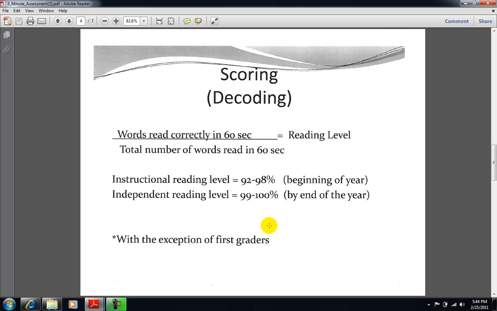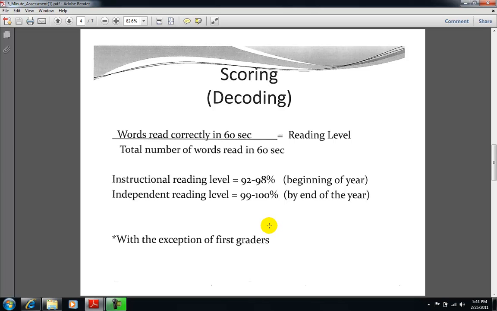And that percentage is going to let us know whether or not that grade level passage is on their independent, instructional, or frustrational reading level. So instructional is anything that's 92 to 98%. And the text says that's typically at the beginning of the year. At the middle of the year, depending upon the other factors, instructional may be okay.